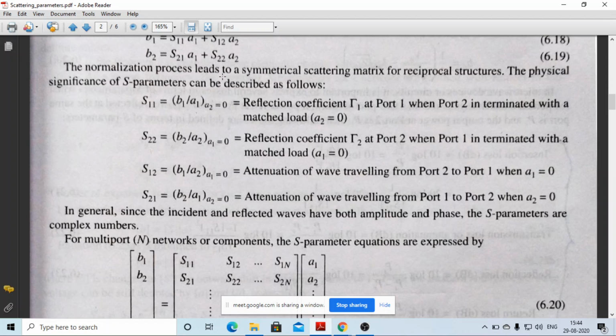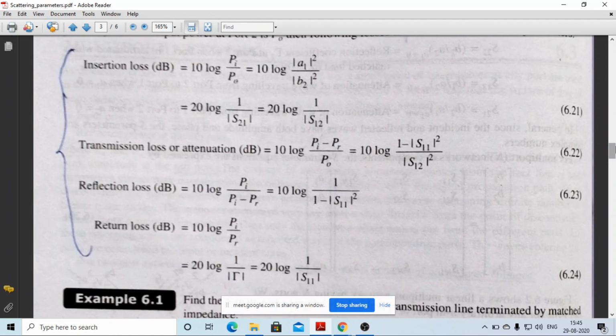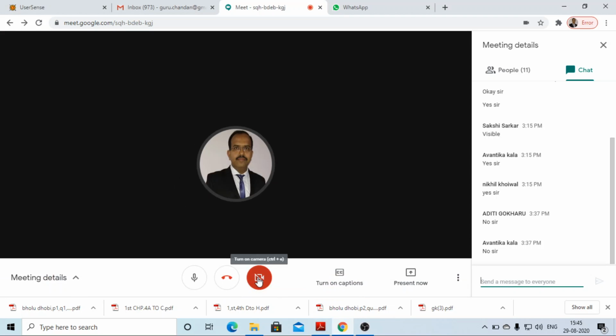However, it can be extended for the nth port, but if you are quite able to understand the 2-port network, you can extend it up to the nth port easily. There is no problem. And understanding of the parameters A1, A2, B1, B2, and understanding of the various losses which are in the form of S parameters. So this is all about today's lecture.